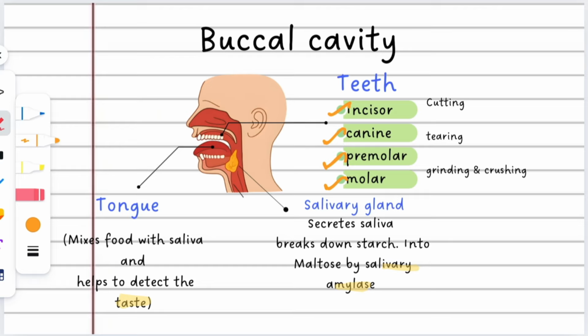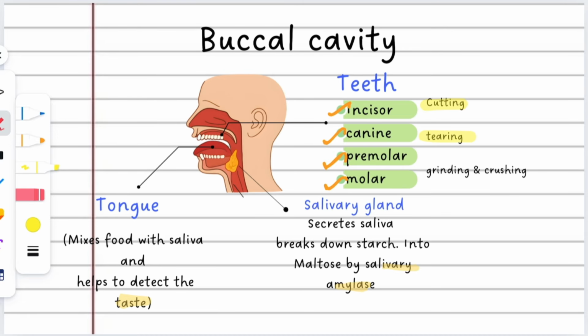Incisors help in cutting the food, and they are present in both jaws at the front of the mouth. Canines are present at both sides of the incisors and specially tear the food.